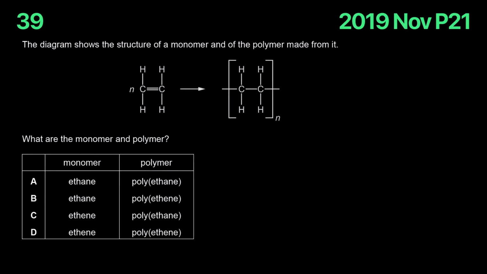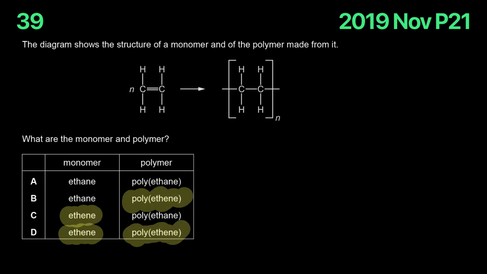right? So this was difficult. I guess people just don't understand organic chemistry. It's not ethane. Polyethene. It's called polyethene because it's made from many ethenes, right?